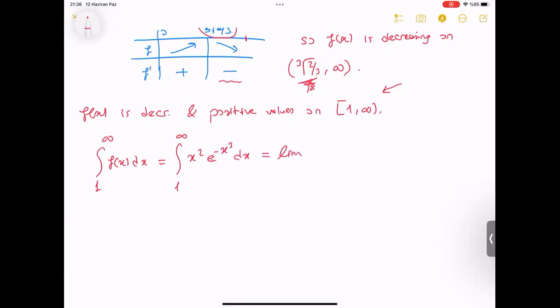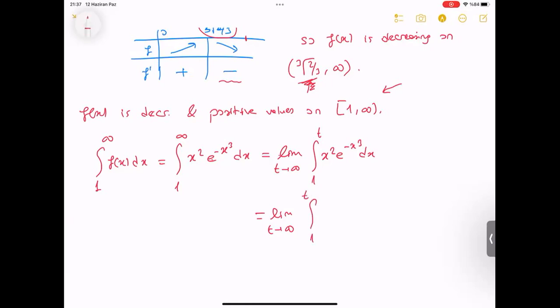So it's equal to the limit as t goes to infinity, and we need to compute this integral.